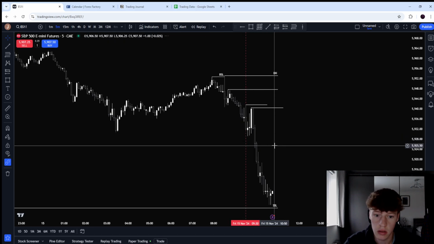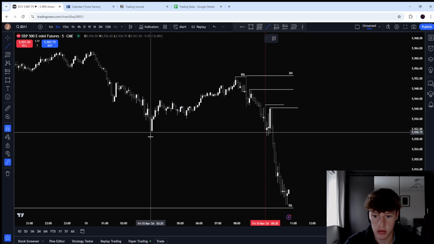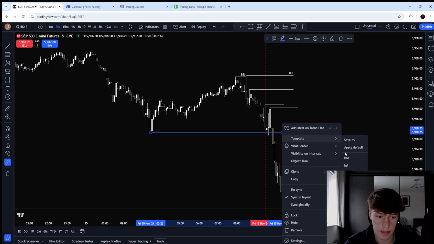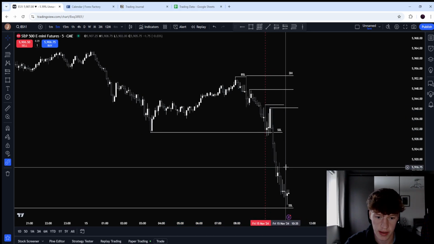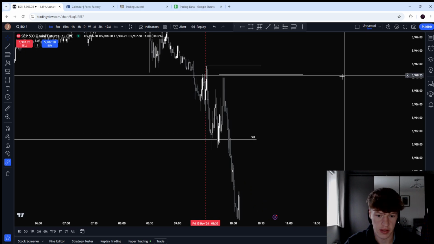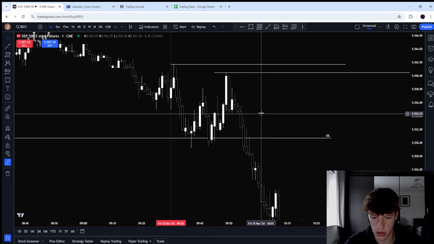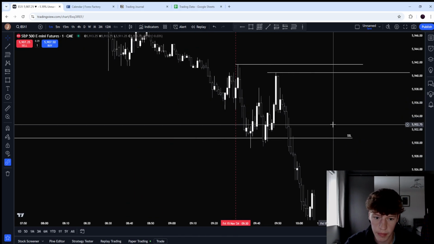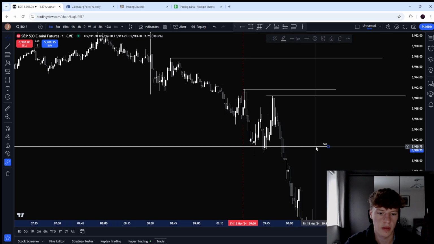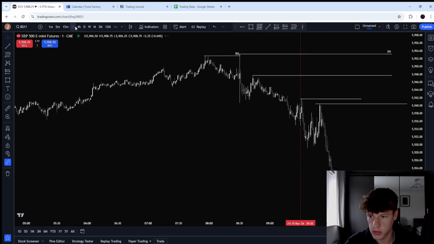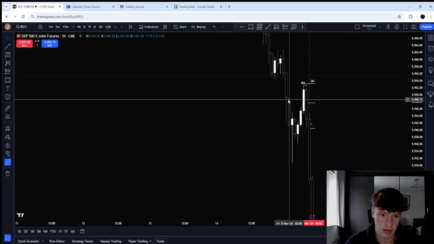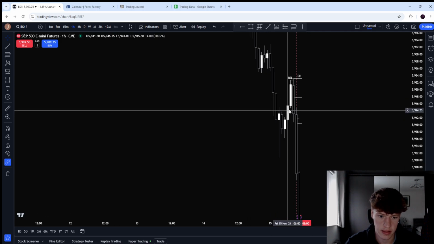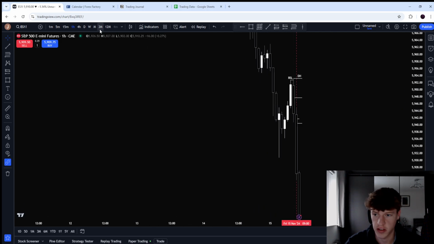ES came down, took out those lows, gave reactions to it and then continued to sell off. There was nothing in there that would have given a long anyway, in my opinion. And I wouldn't have been looking for longs because, as I said, we've been respecting bearish confluences. You know, ES had come up to here, respected it, and then disrespected this one, just ran straight through it.